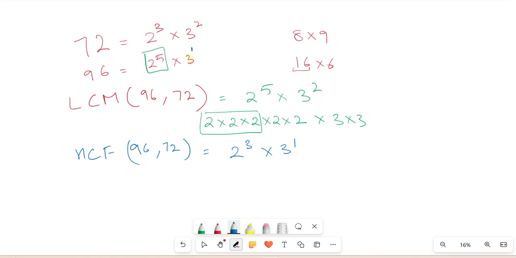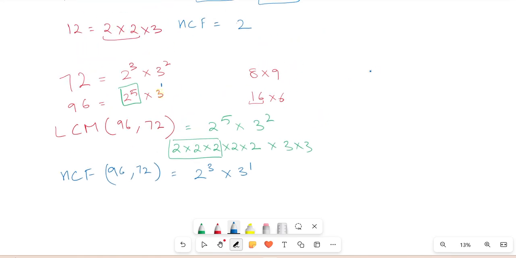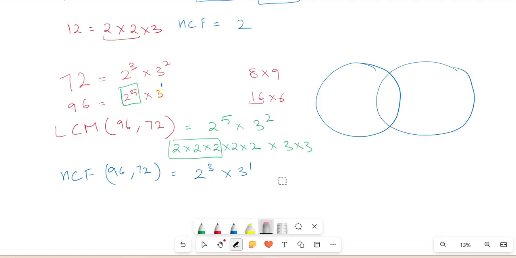Now I can do it with the help of a Venn diagram. What is a Venn diagram? I will make two circles where I will write the factors of 96 and 72. What are the common factors? If I write the common factors in the common area, 2 cube and 3.